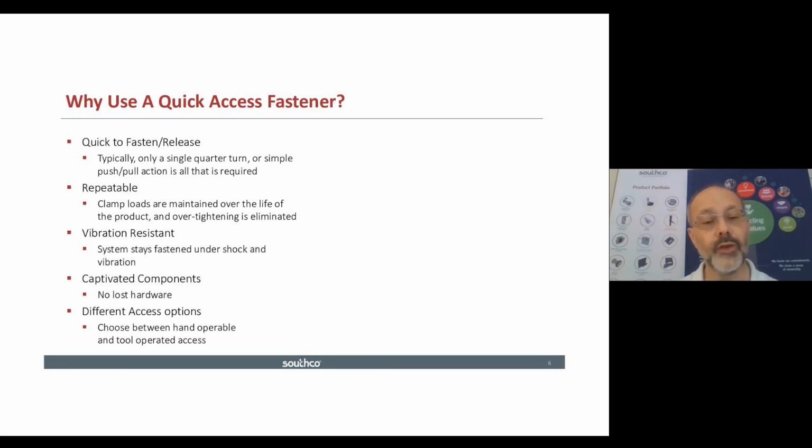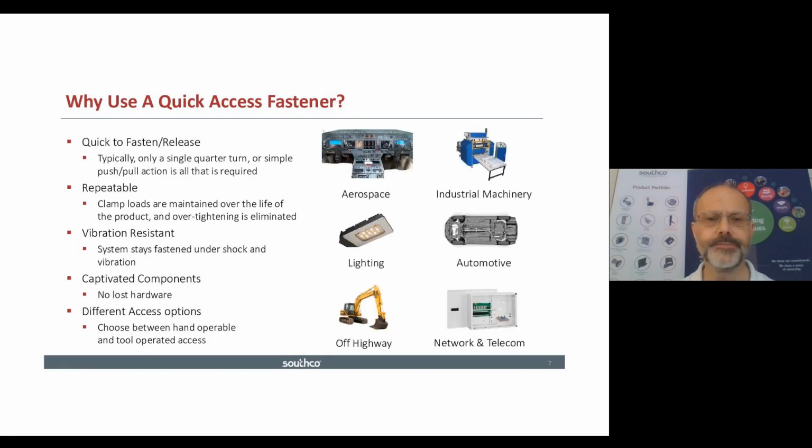And what we can provide is different access options. So whether you want a simple hand operation for ease of use, or perhaps you need tool-operated access for higher levels of security to stop the casual user from opening something. All of those can be provided across the range.